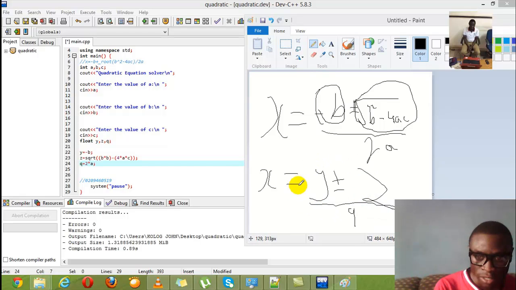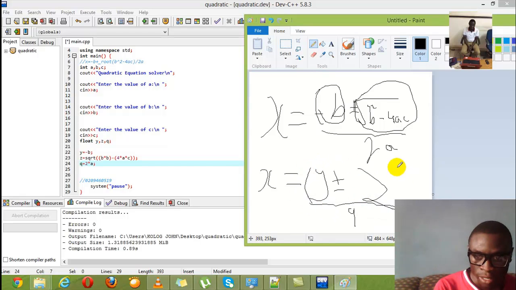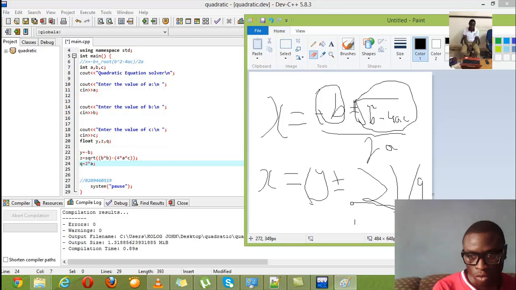What we'll have is that we'll put all this into brackets / q. Is that okay? So we'll have it like this. No more all over. So when we have it this way, the computer will be able to solve it for us.